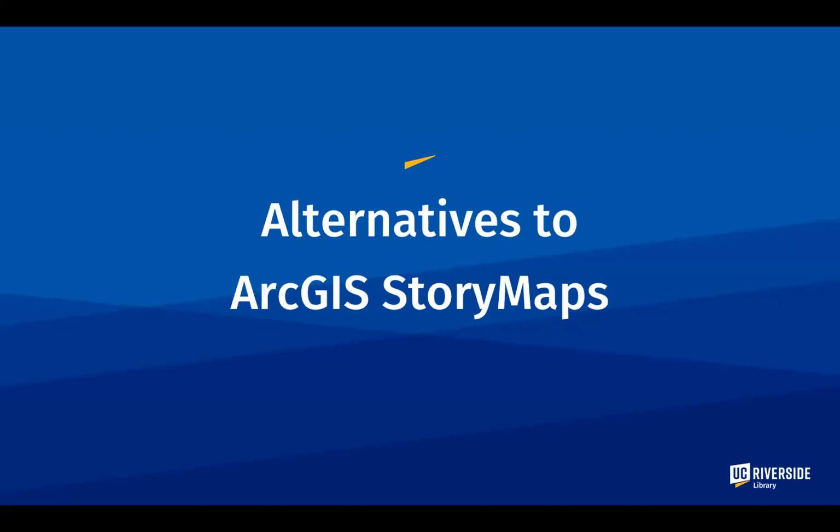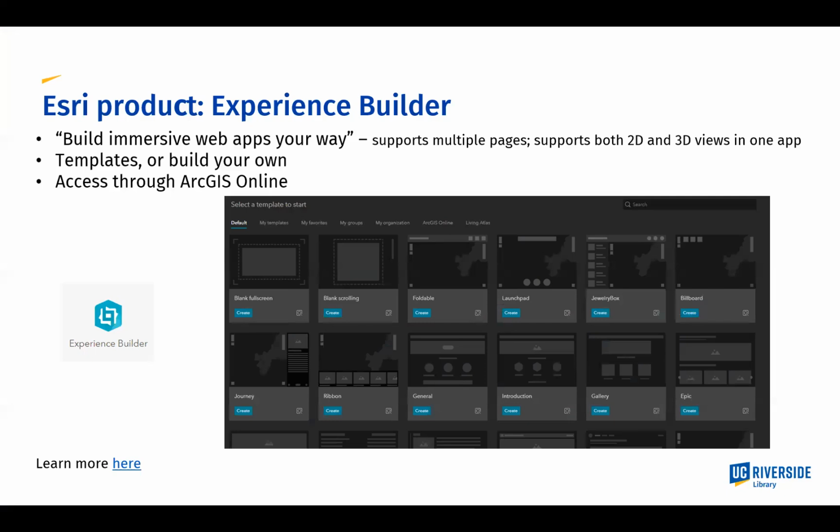But the very last part of my workshop today is to show you some alternatives to ArcGIS story maps. Again, just so you know that there are some. And this slide and the next two are going to be products that Esri also produces. Experience Builder is like the next level up from story maps, I would say.